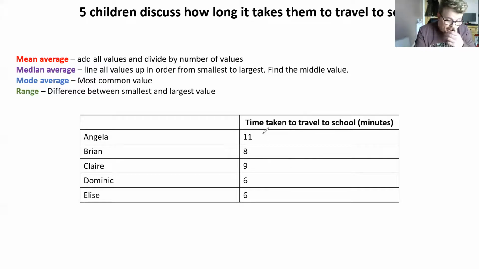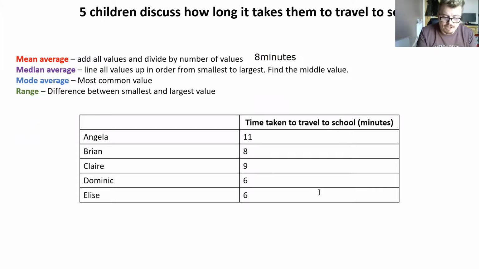So we need to do 11 plus 8 plus 9 plus 6 plus 6. Now, I reckon you could probably do that in your head. But the answer to this would be 40. And if we divide 40 by 5, we have the answer 8. So the mean average of this data would be 8 minutes. Let me write it up here, 8 minutes.